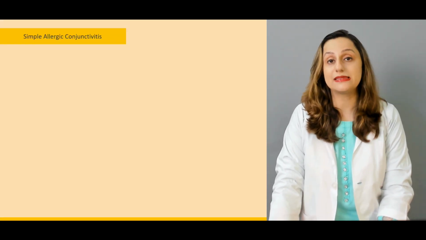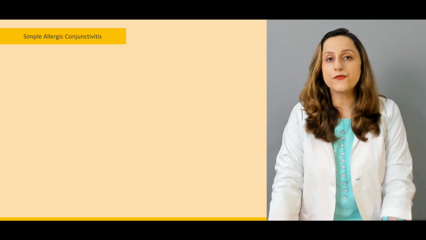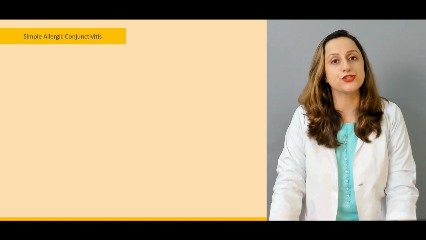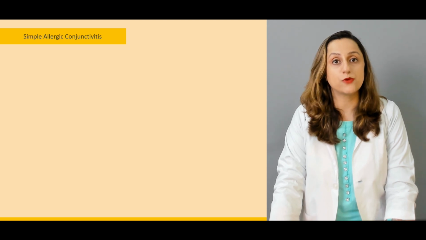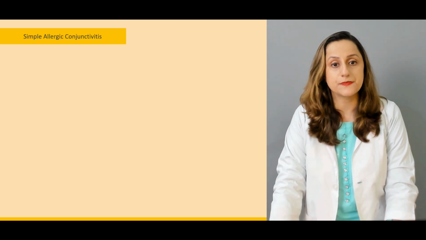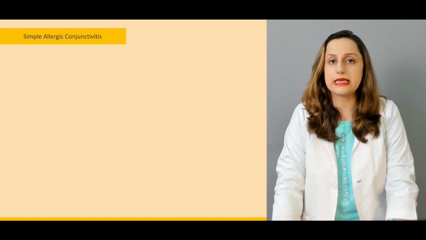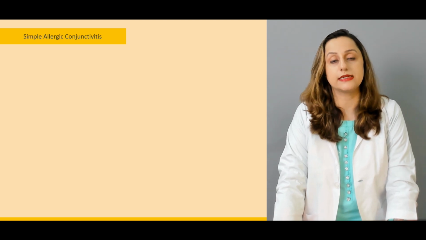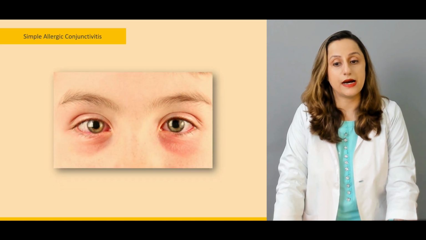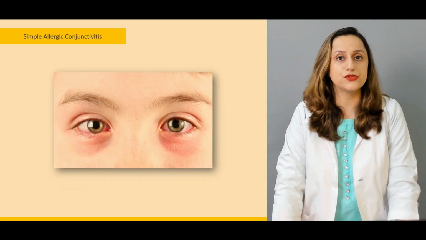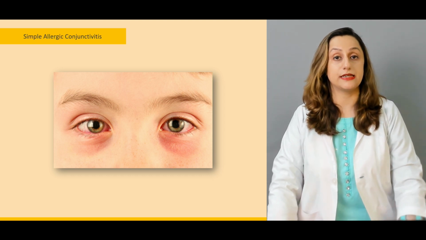When we suspect that a patient is suffering from allergic conjunctivitis, we look for particular clinical features, the signs and symptoms that go along with it. Starting off, we have simple allergic conjunctivitis, a case in which there is a simple allergen and it has its peculiar signs and symptoms. So this would be the typical picture of allergic conjunctivitis in a patient.